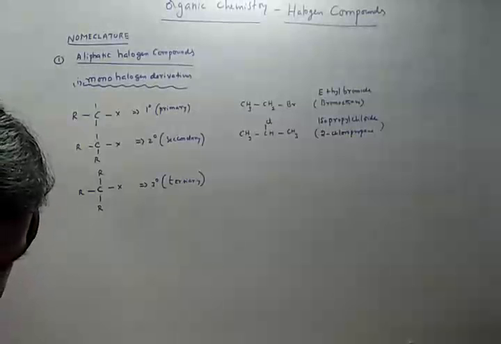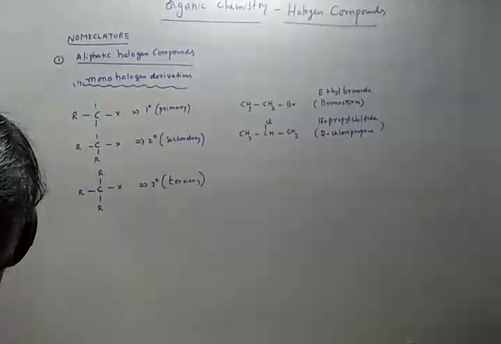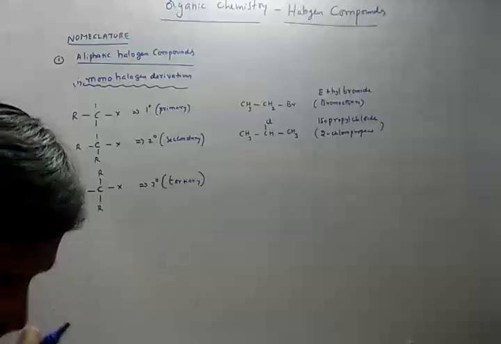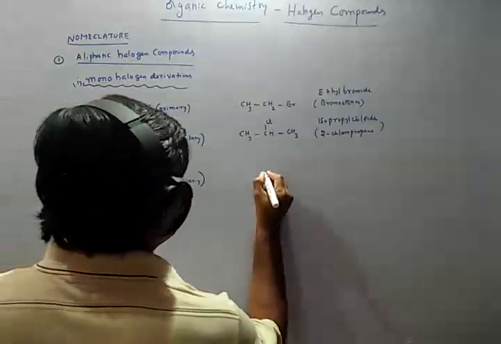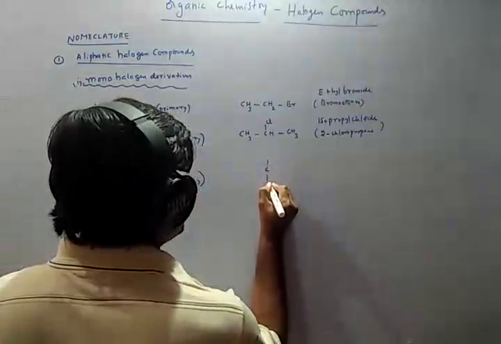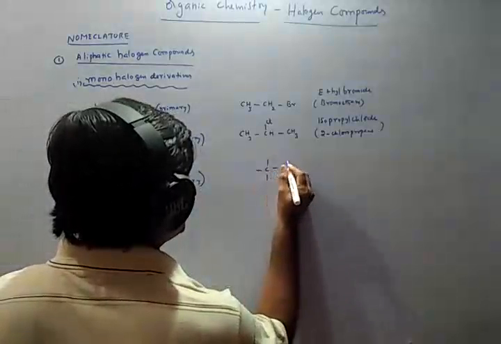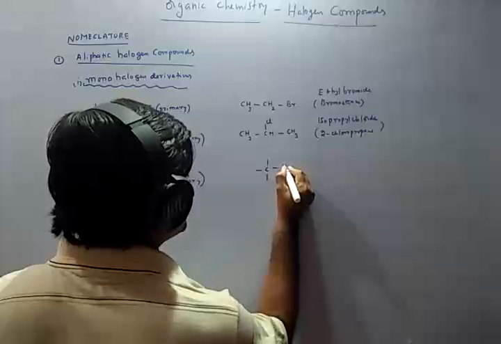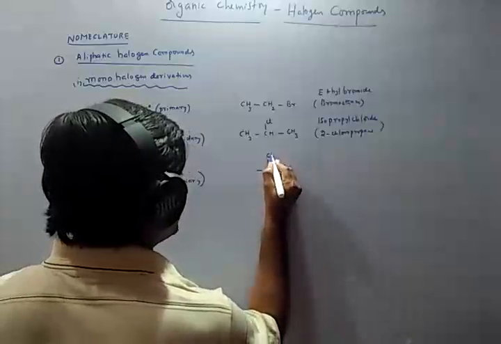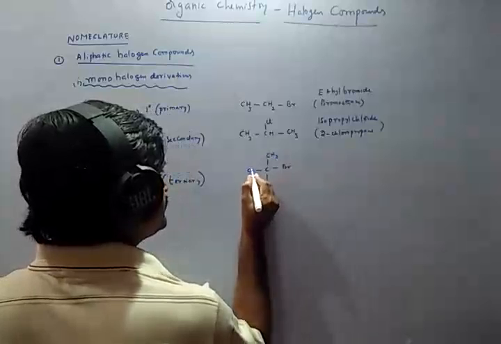In the same way, I will give you one example for the tertiary alkyl halides. Here, I am considering this carbon as a tertiary carbon. I must write one halogen here, bromine, and CH3.